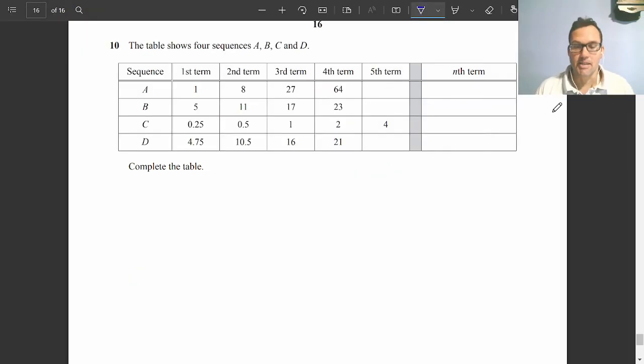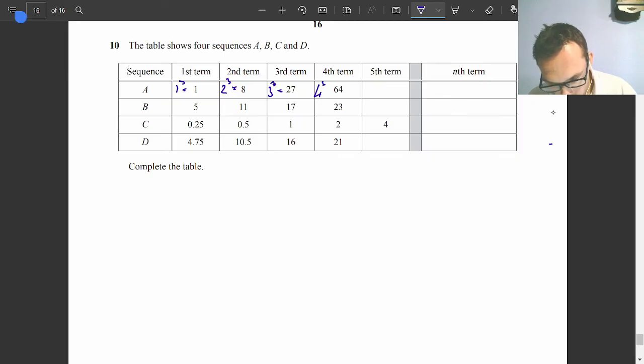Question 10. Sequences. Okay, we start off easy. Sequence A, you recognize here that these are the cubic numbers. So for example, 1 cubed equals 1, 2 cubed equals 8, 2 times 2 times 2. 3 times 3 times 3, 3 cubed equals 27.